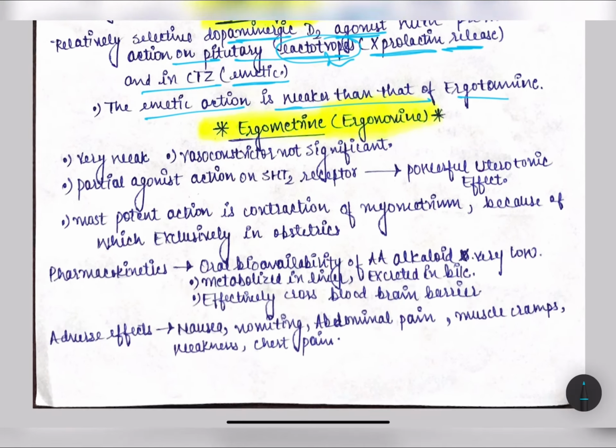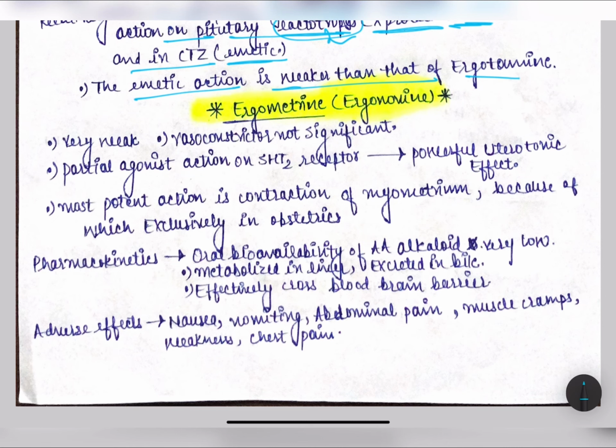Now we will discuss ergometrine, that is ergonovine. These amine ergot alkaloids are very weak agonists, and practically there is no antagonist action on alpha adrenergic receptors, and the vasoconstrictor action is also not very significant. But they are partial agonists of 5-HT2 receptors, which gives a powerful uterotonic effect.